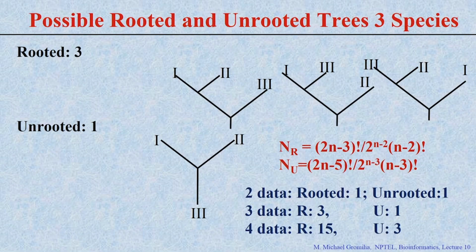Now for example, if you have 3 species, 1, 2, 3, how many rooted trees and how many unrooted trees can you have? In the unrooted tree we do not know the common ancestor, so you can draw it in any way and you will get only one tree, because we do not know about the ancestor.